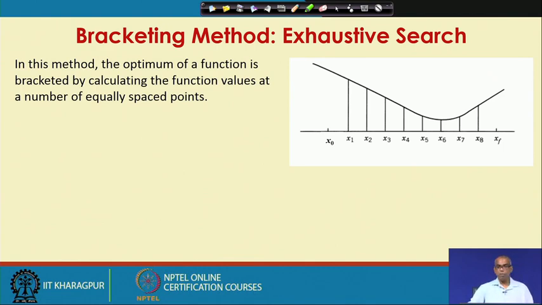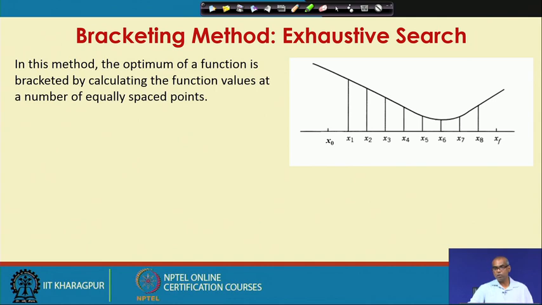Now, let us talk about exhaustive search, which is a bracketing method. In this exhaustive search method, the optimum of a function is bracketed by calculating the function values at a number of equally spaced points. Look at the figure.